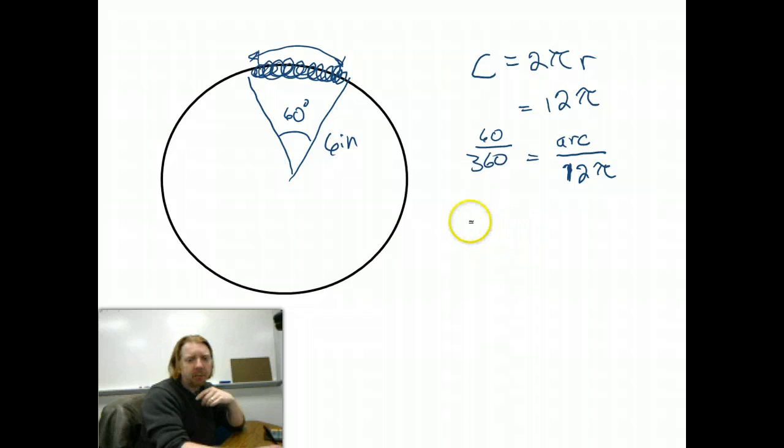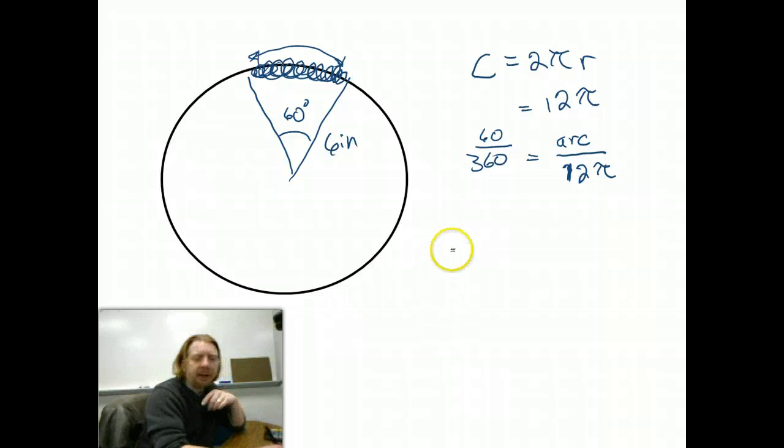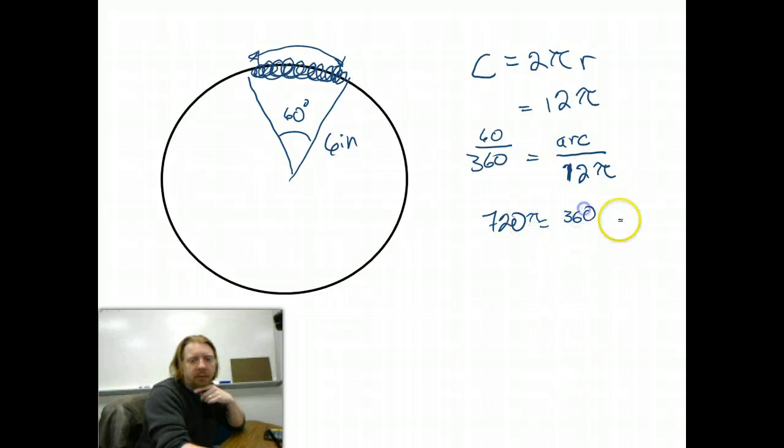Let's see, when I cross multiply, I get 60 times 12, which is some number. Let's see here, 60 times 12. I'm not good at these in my head yet. 720 pi, 360 times the arc, divide by 360.